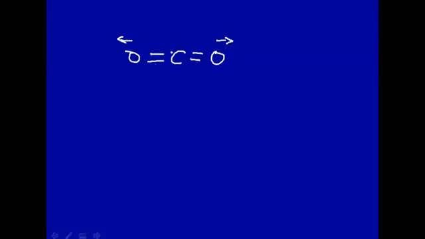This did not result in any change of dipole moment, so therefore this is IR inactive. And we saw that this was the sigma G plus. And again, this was the D infinity H point group.